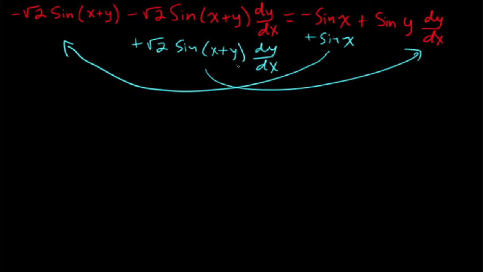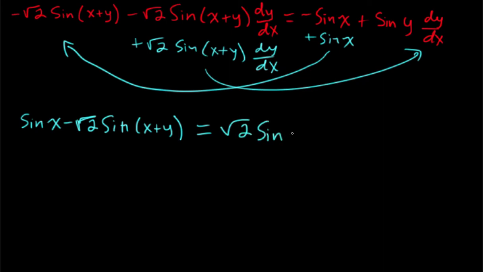So after I do that, I'm going to get sine x minus square root of 2 sine of x plus y equals, I moved this over so it's now positive, square root of 2 sine x plus y dy dx, and then plus sine y dy dx.